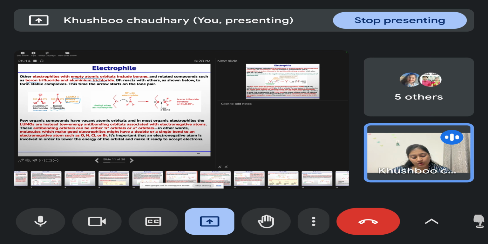In general, boron will react with ethers, for example in this case diethyl ether, having a lone pair of electrons on the oxygen. So this oxygen will attack the p orbital of the boron and form a new sigma bond. In this case also, this bond is a coordination bond or dative bond.